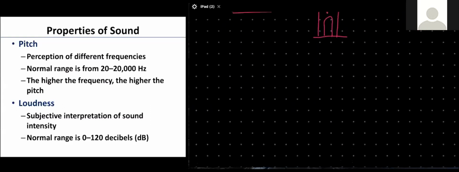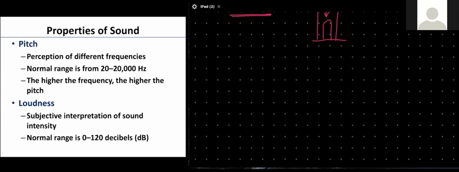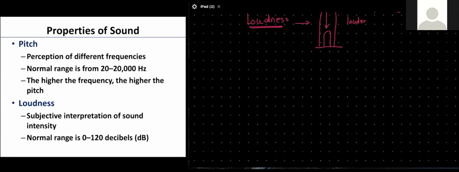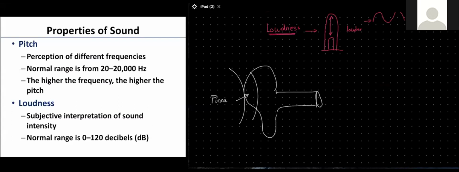In order to understand hearing, we also need to have an idea about the anatomical structure of the ear. The ear is going to be divided into three main parts. We have the external ear, which is formed by the ear pinna that will be collecting the sound waves to be conducted into a canal.